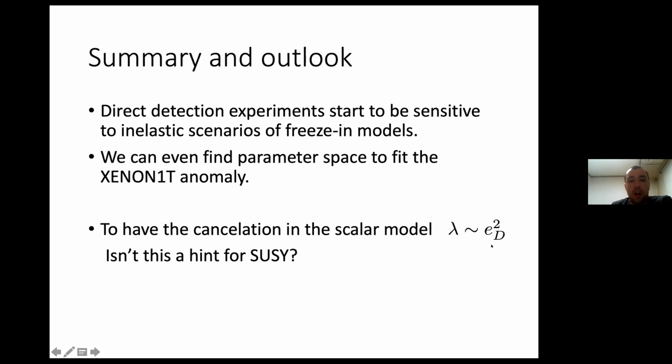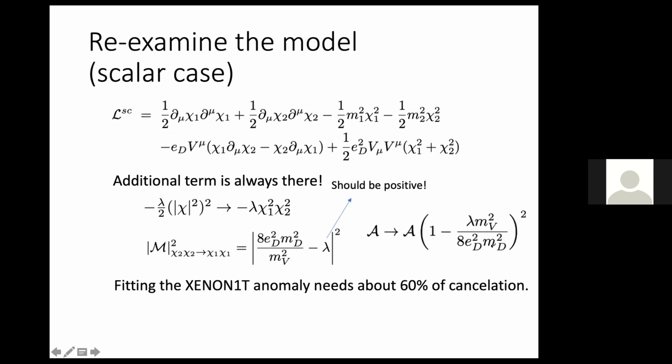I have a question. Have you mentioned how you generate the mass splitting in the scalar case? Just by hand, yes. We just softly break this U1 symmetry into a Z2.